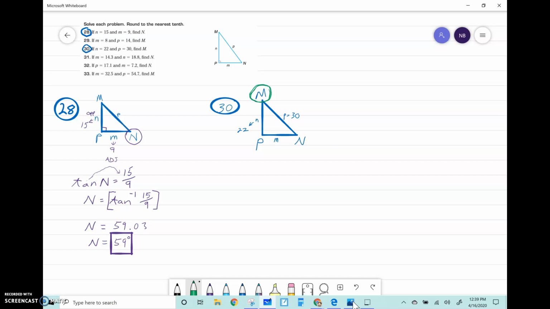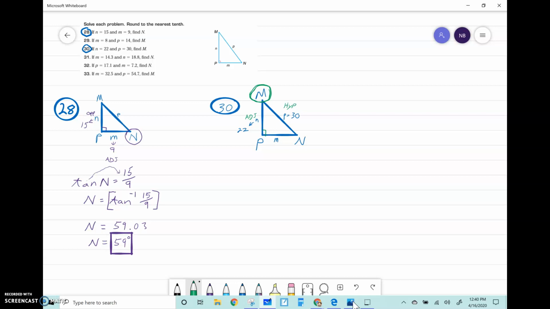Let's look at angle M. This right angle here is P that's given to us, and we're solving for angle M. For angle M, I have my adjacent side, right here, and P is my hypotenuse, the leg across from the right angle.